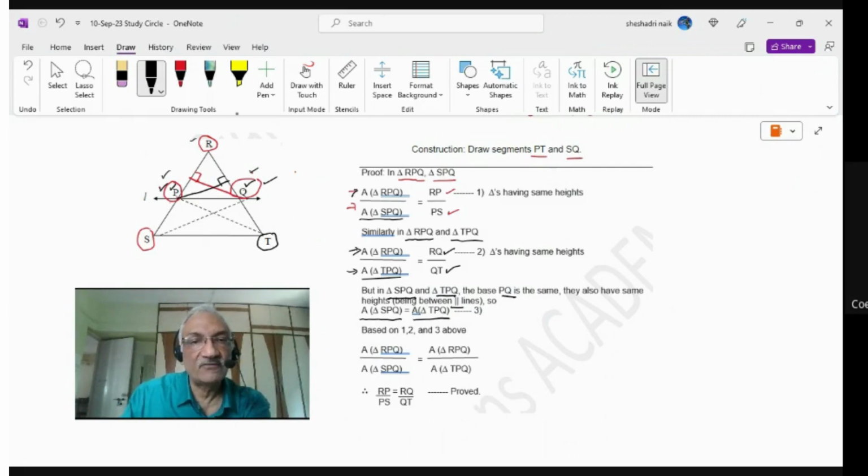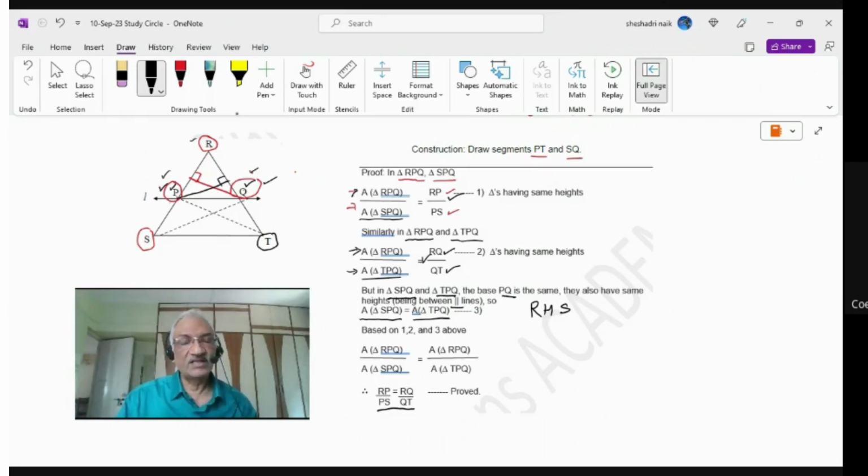So the LHS for both these equations are the same, and the RHS can be equated. If you equate the RHS, what does it become? RP upon PS is equal to RQ upon QT. This is what we wanted to prove.